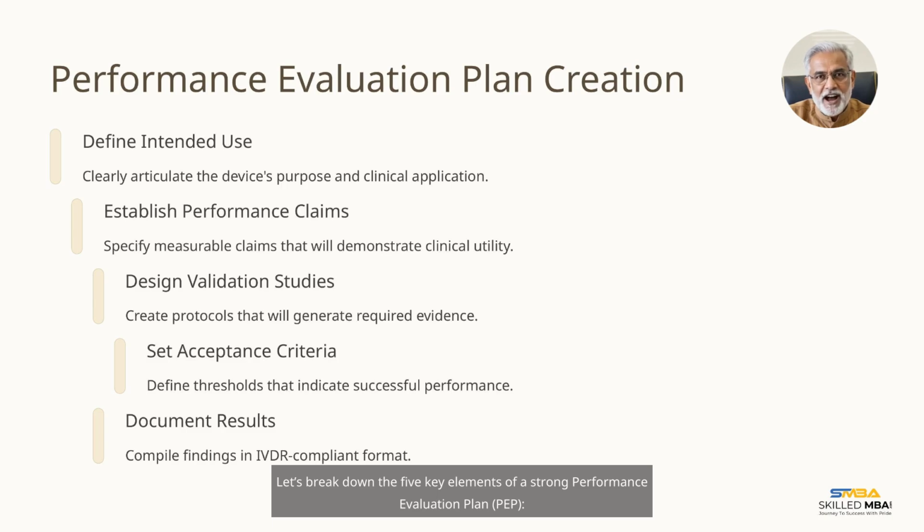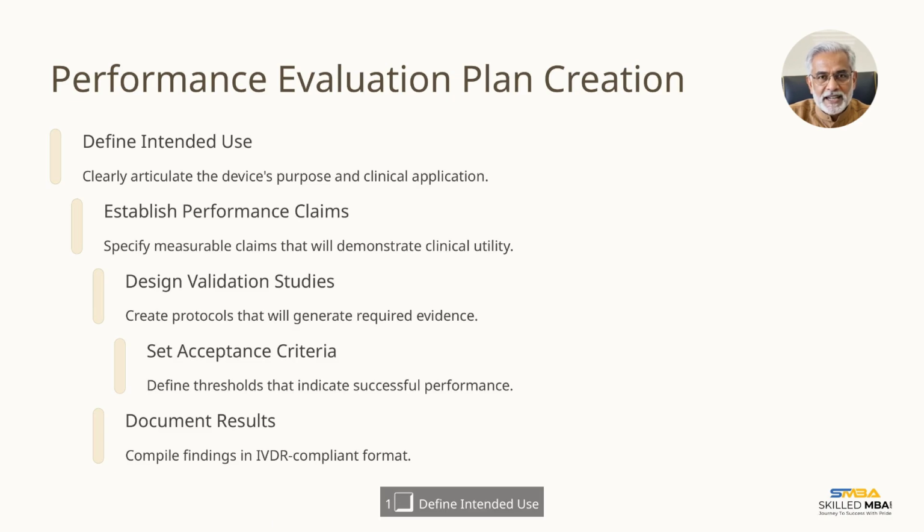Let's break down the 5 key elements of a strong performance evaluation plan, PEP. 1. Define intended use. Be clear about who, what, and why, including disease area and user setting. 2. Establish performance claims. What are you promising the test will deliver? These must be measurable. 3.